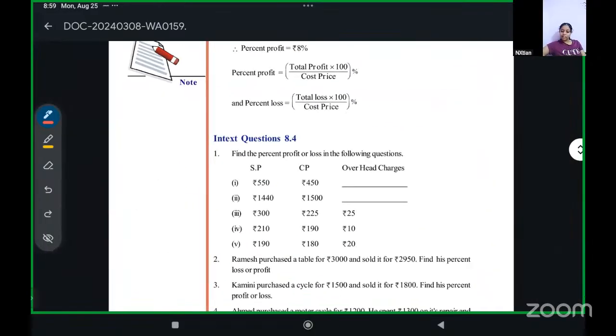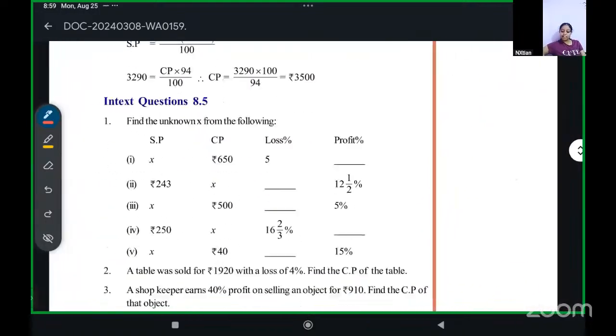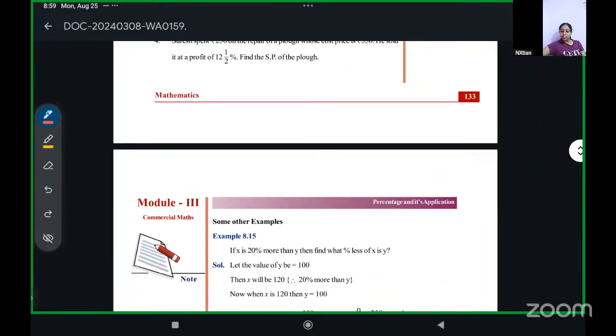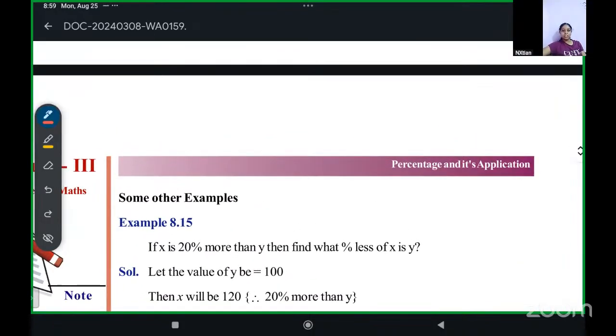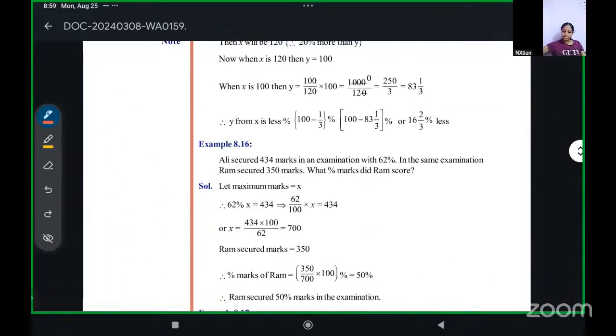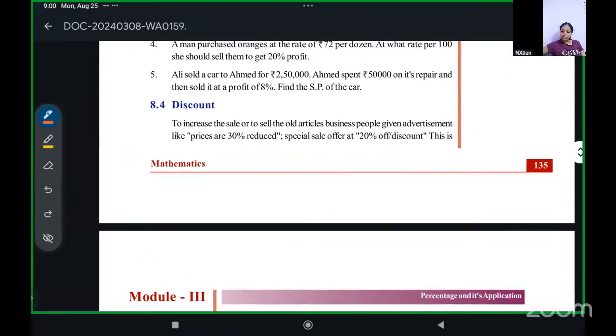So easy profit and loss questions and formulas can come. What is selling price minus cost price? What is cost price minus selling price? Basic questions from that can come, and basic questions from discount can come.